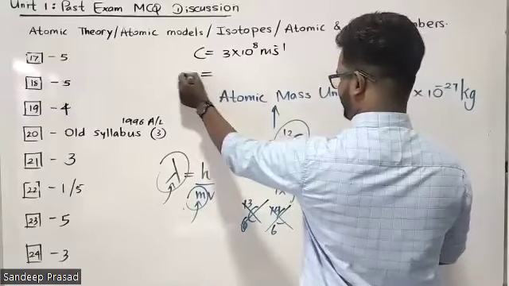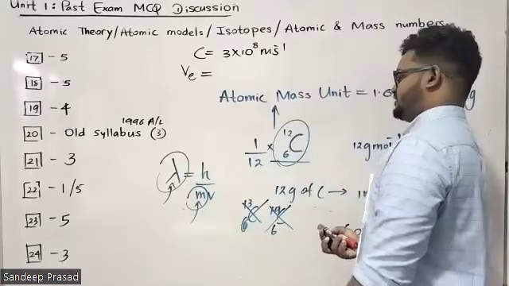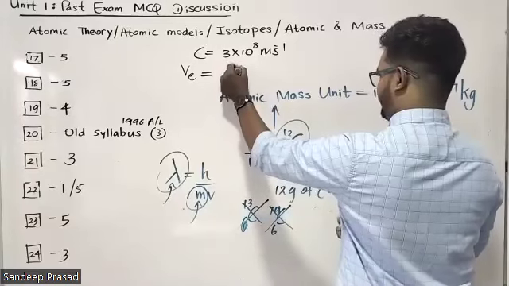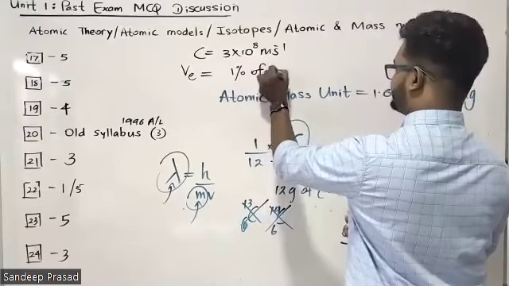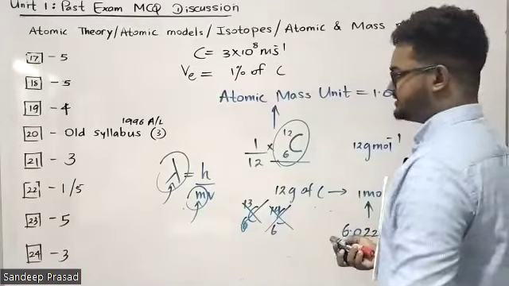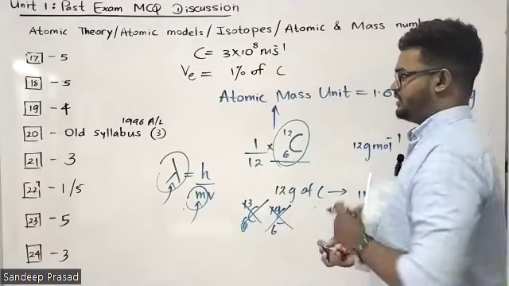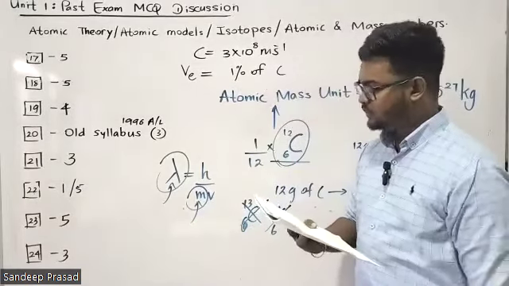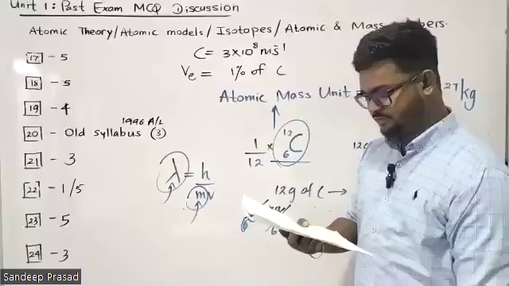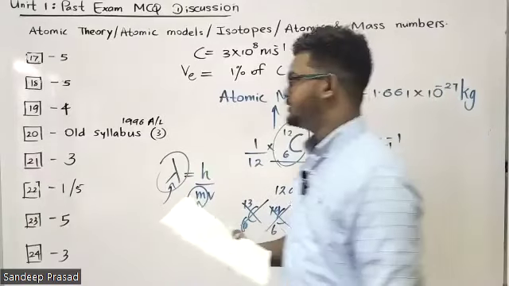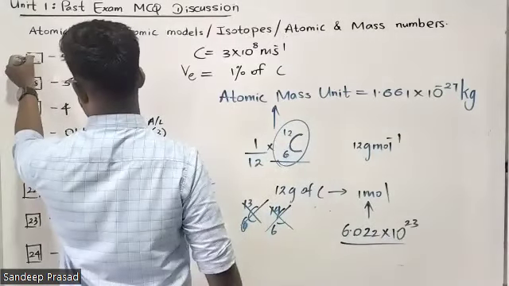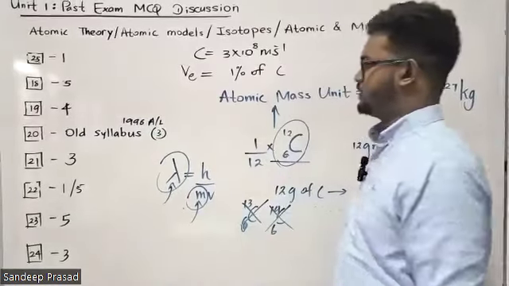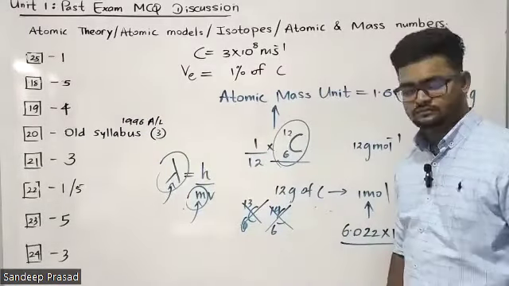The velocity of an electron is less than 1% of the velocity of light. So we cannot say they are equal. That is wrong. So for question 25, statements A and B are correct. Question number 25, answer is the first one.